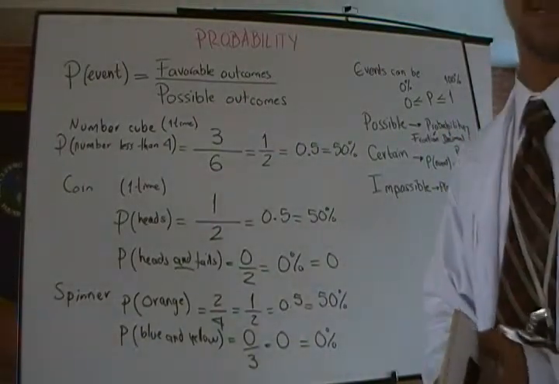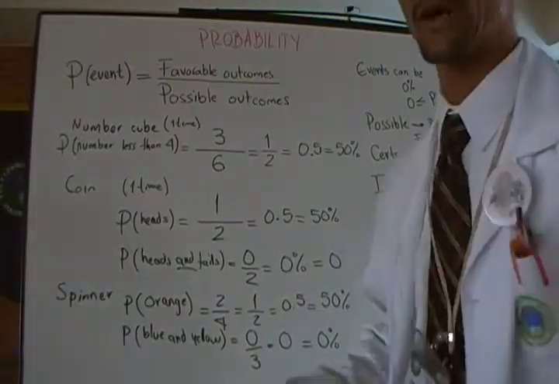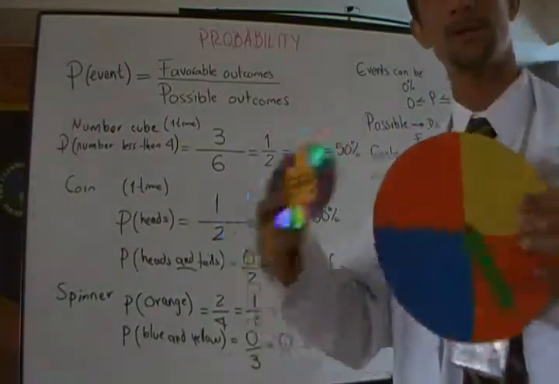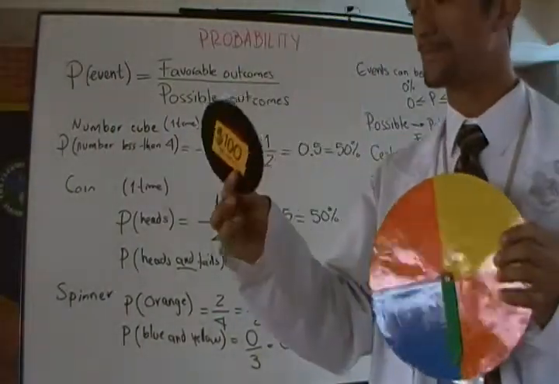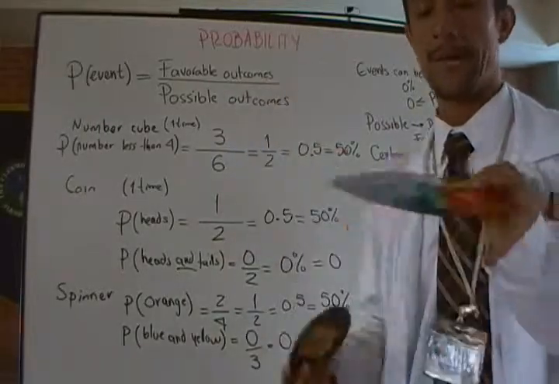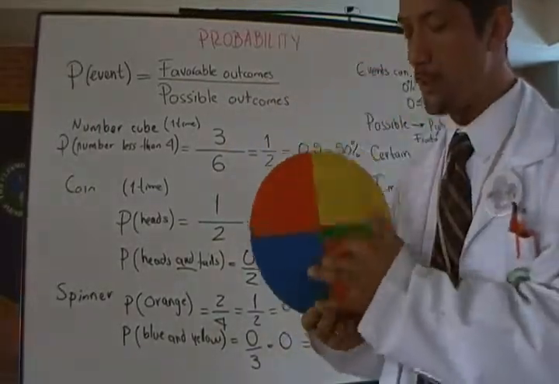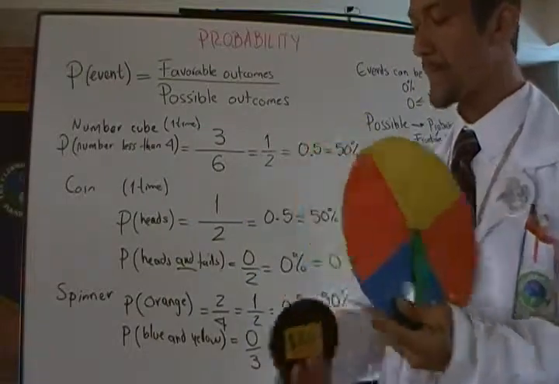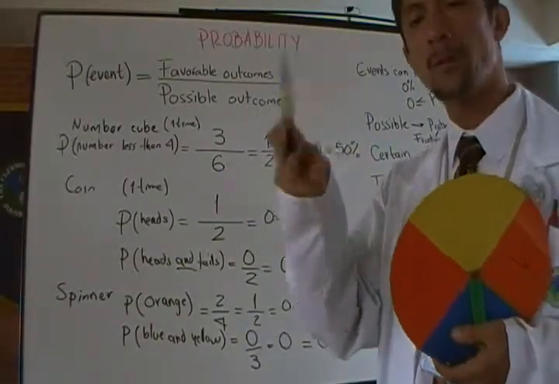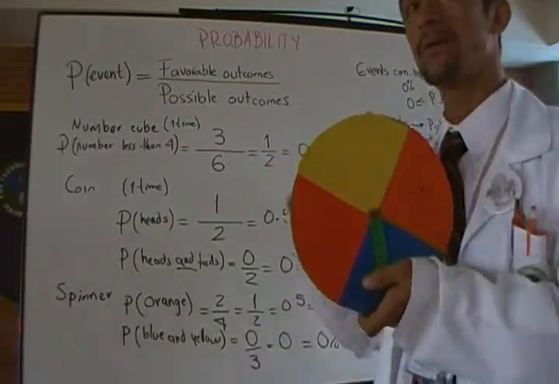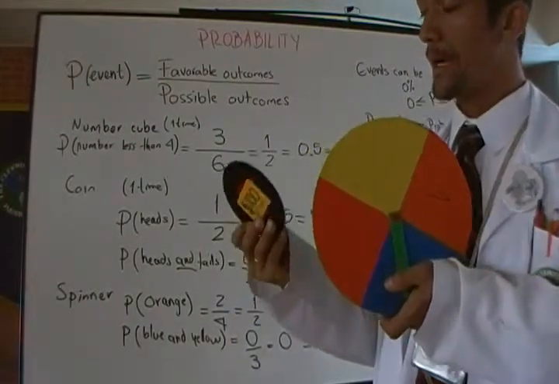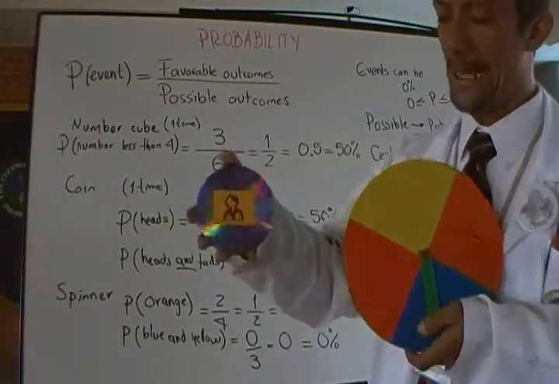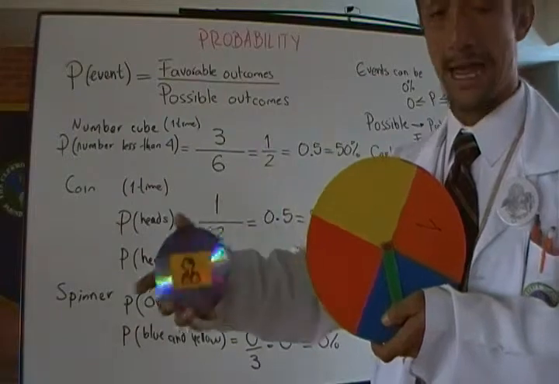As simple as that. So for example, here is one more example of compound events. I'm going to toss this coin 1 time, and I'm going to spin this spinner 1 time. So here, I have 2 possible outcomes, and here I have 3. So I will go like heads yellow, heads orange, heads blue.